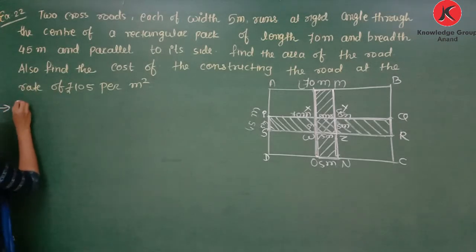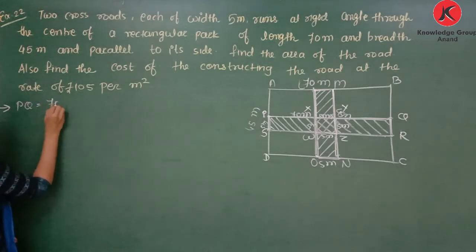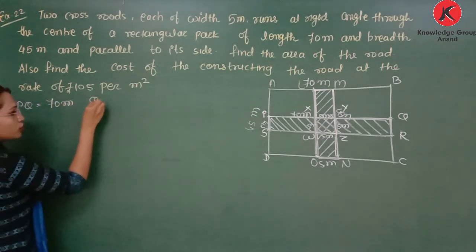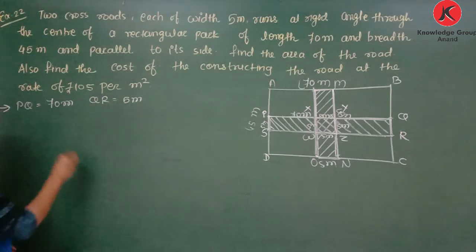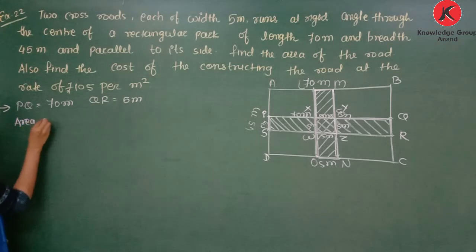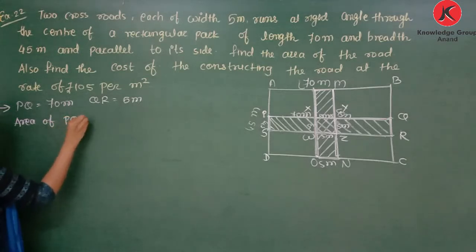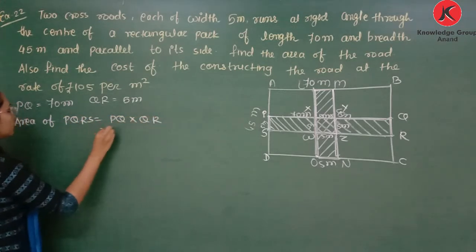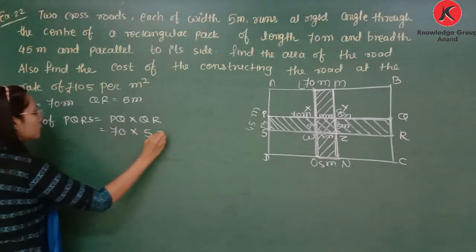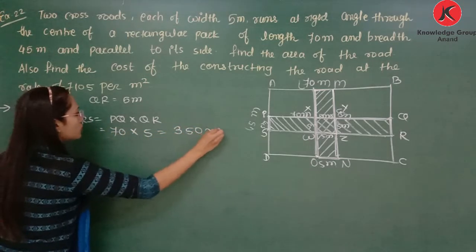So here we can write PQ is equal to 70 meter and QR is equal to 5 meter for the horizontal road. So area of PQRS, that is PQ multiplied by QR, 70 multiplied by 5, that is 350 meter square.